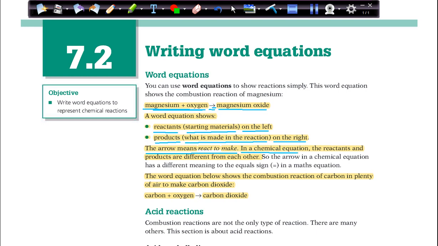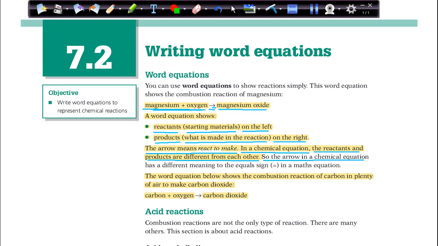In a chemical equation, the reactants and products are different from each other. Why? Because the reactants are producing a new substance. This is the product, a new chemical, a new compound, with different properties from the reactants. We cannot take it back.